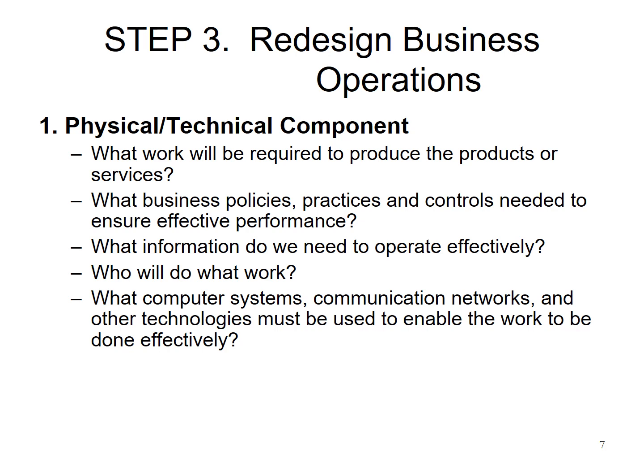What information do we need to operate effectively? Who will do what work? So the delegation must be there, the delegation of the task. What computer systems, communication networks, and other technologies must be used to enable the work to be done effectively?